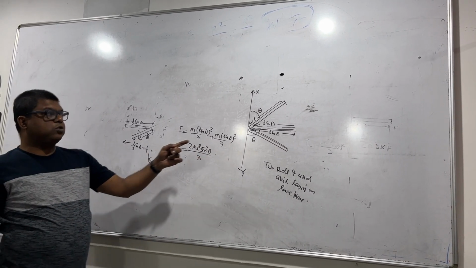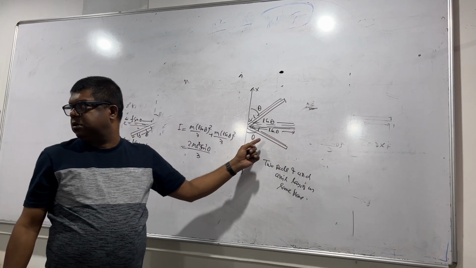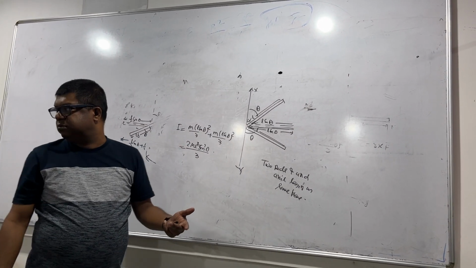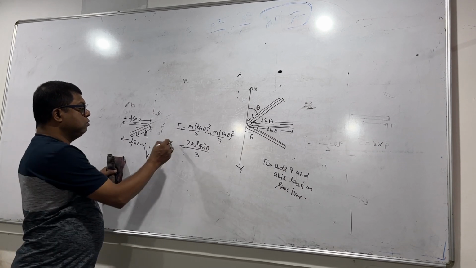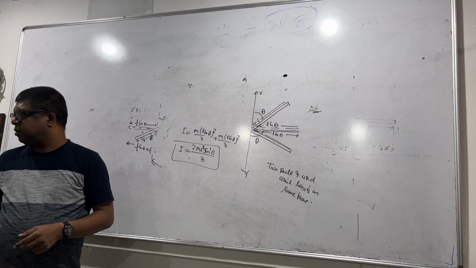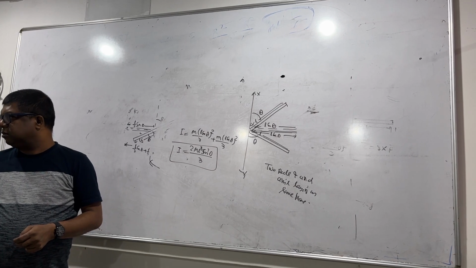This is mL^2 sin^2 theta by 3 for one end of the rod, and another is the same, because along this axis the moment is 0. That is I equal to 2mL^2 sin^2 theta by 3. Yes or no?